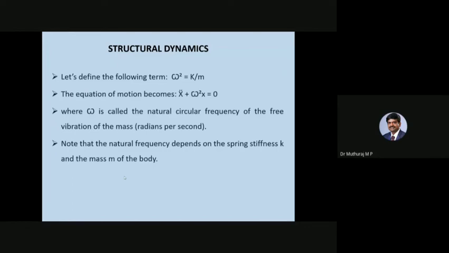Consider a beam subjected to a central concentrated load. Stiffness is defined as the unit load required to produce unit deformation. How much load is required to produce unit deformation is nothing but stiffness.